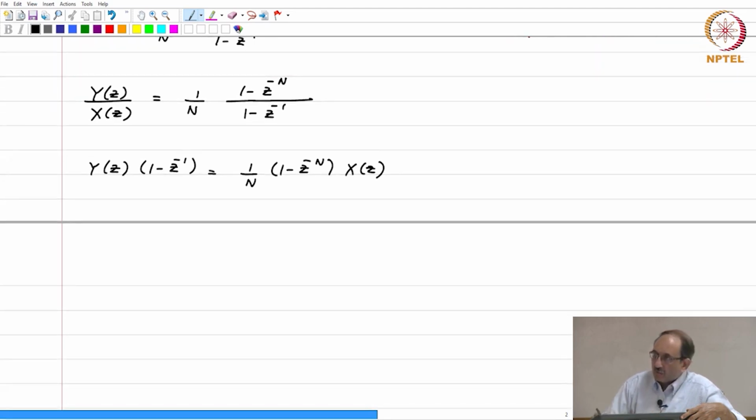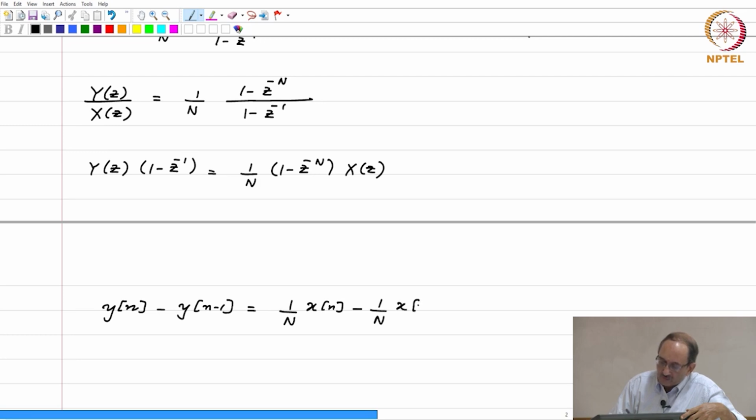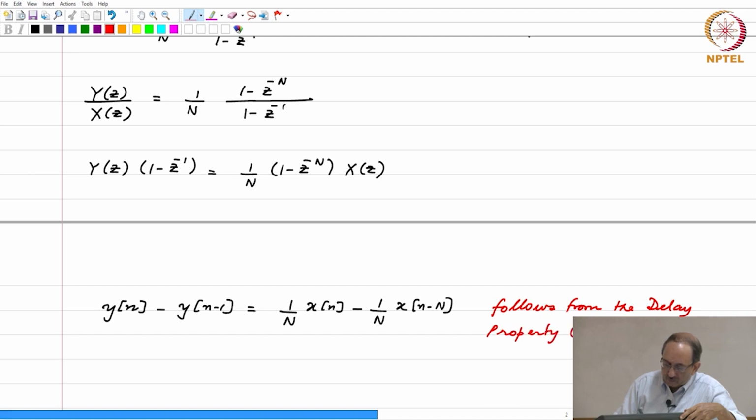If you take the inverse Z transform and write the above in the time domain, this can be written as y of n minus y of n minus 1 equals 1 over N x of n minus 1 over N x of n minus capital N, and this follows from the delay property. This will be seen very soon.